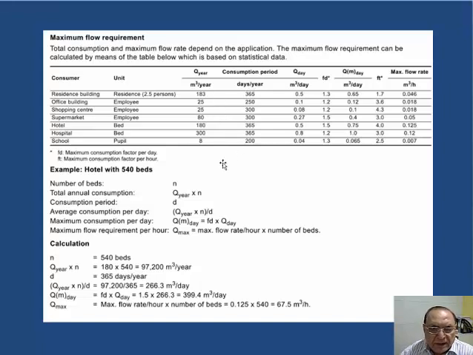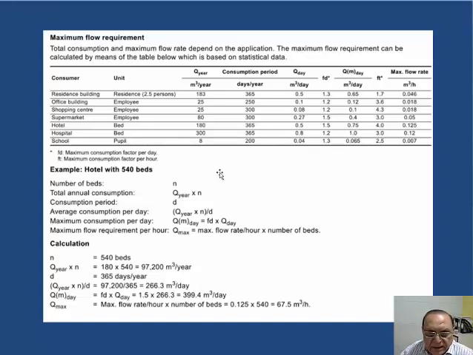How those things are calculated for residential buildings, office buildings, shopping centers, supermarkets, hotels, is on the basis of residential occupancy. For office buildings it means the number of employees, for shopping centers the number of employees and sometimes the visitors also. Supermarkets are similar. Hotels by the number of beds, hospitals by the number of beds, and schools by the number of students.